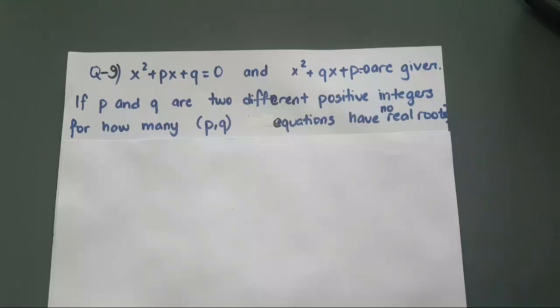Delta 1 and delta 2, both deltas will be smaller than 0. So you need to find delta for both equations. What is delta for the first one? What is delta for the second one? Check them and then you will find the possible ordered pairs where delta 1 and delta 2 are smaller than 0.